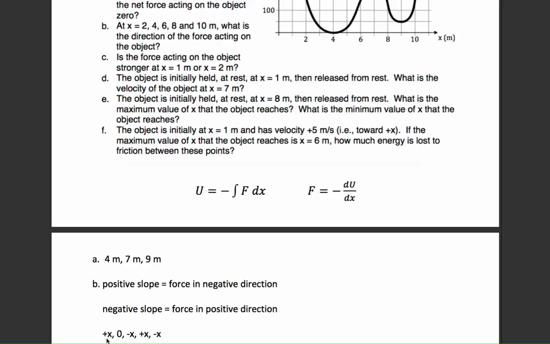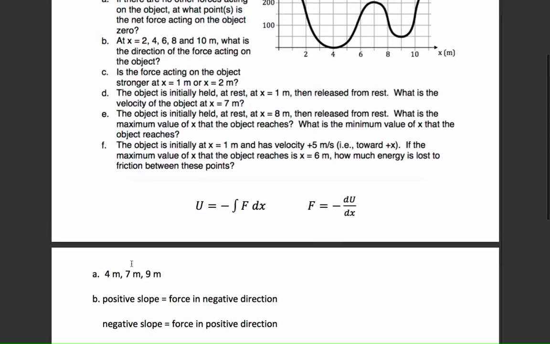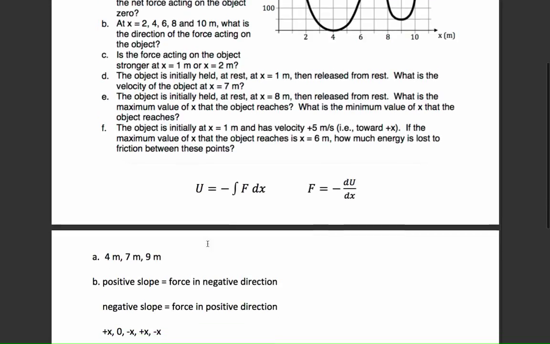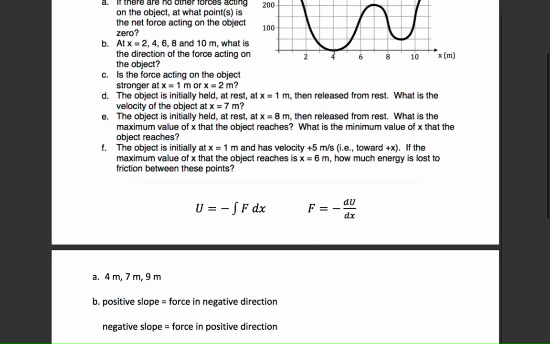At x equals 2, the direction of the force would be positive x because the slope is negative going down. At 4, there is no force right here, as we stated earlier, so there is no direction as well.